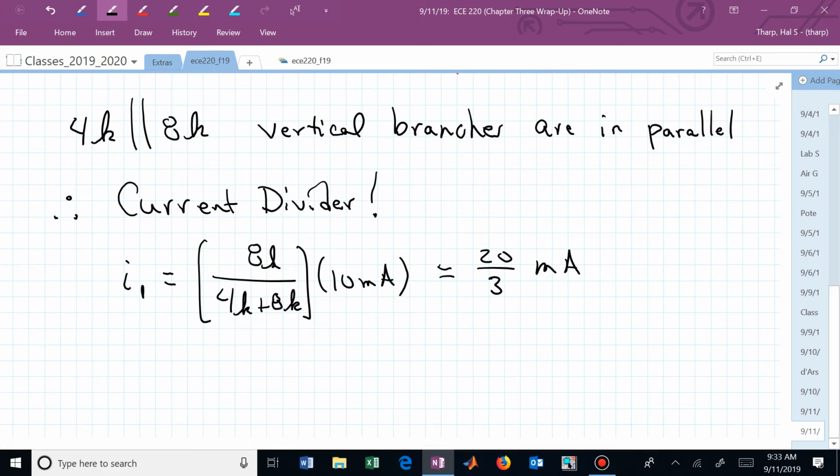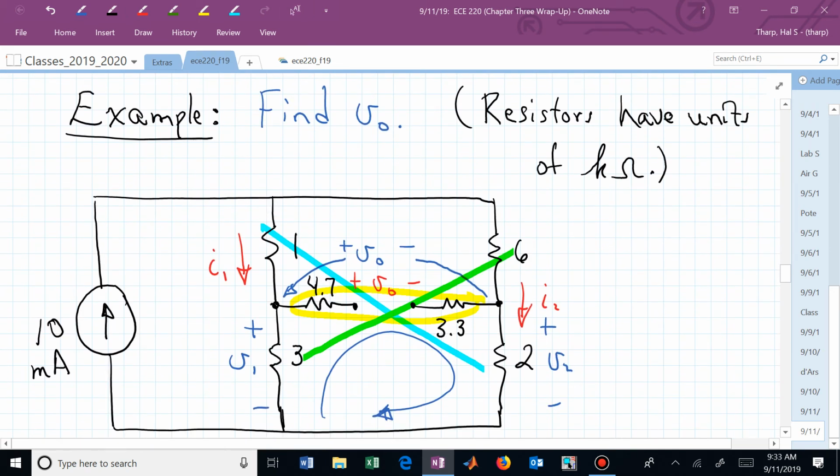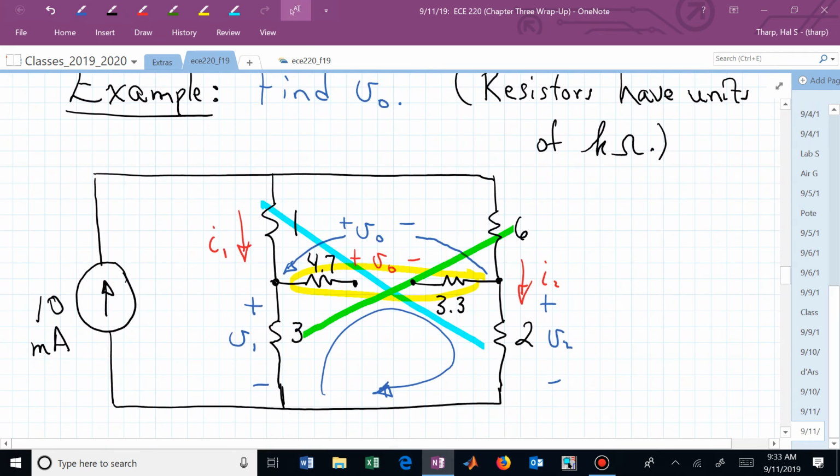What's I sub 2? You could do another current divider formula, or you could write KCL. You know I sub 2 is what's left over when you take I1 away from 10. With a KCL at that node, in equals out. 10 equals I1 plus I2.